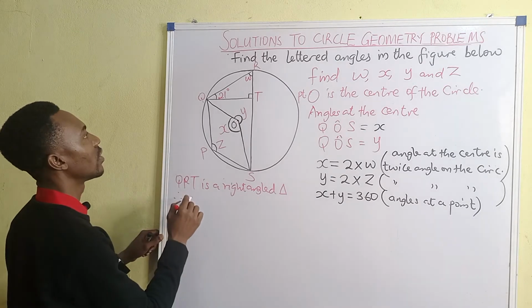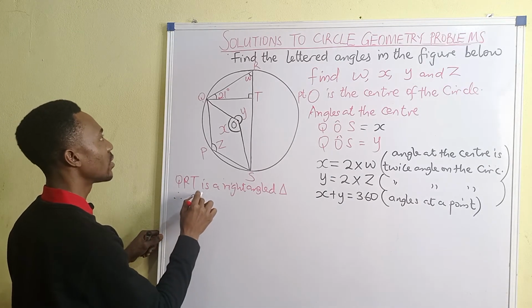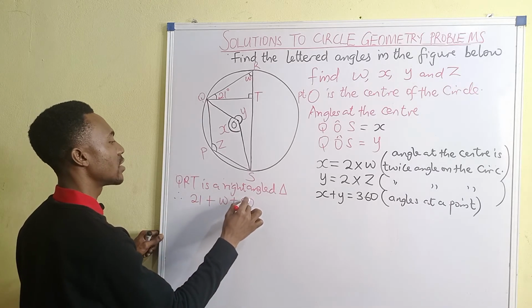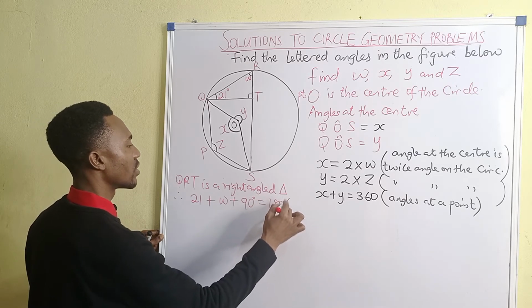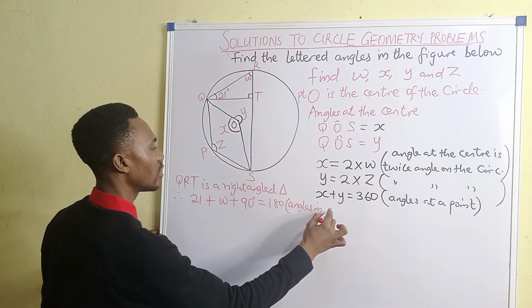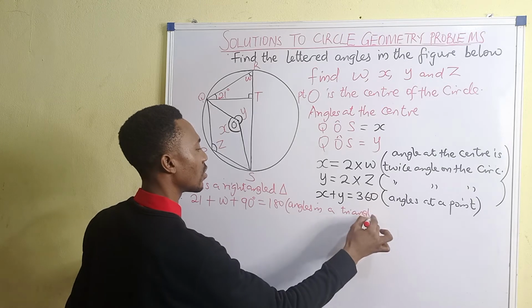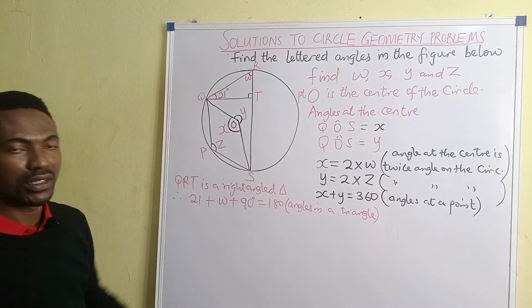Therefore, 21 plus W plus 90 is equal to 180 degrees. And what's the reason? Angles in a triangle. Now you already know that sum of angles in a triangle is 180 degrees.